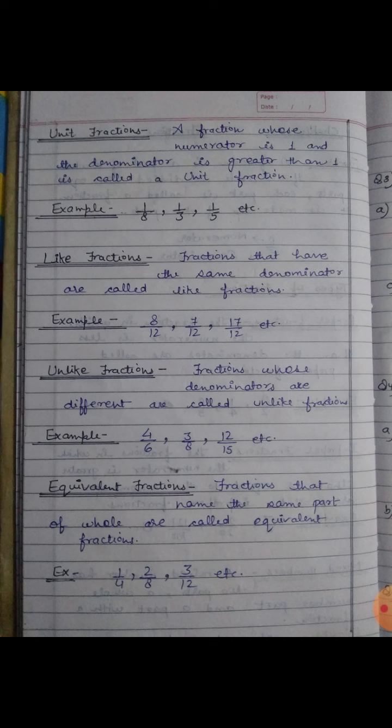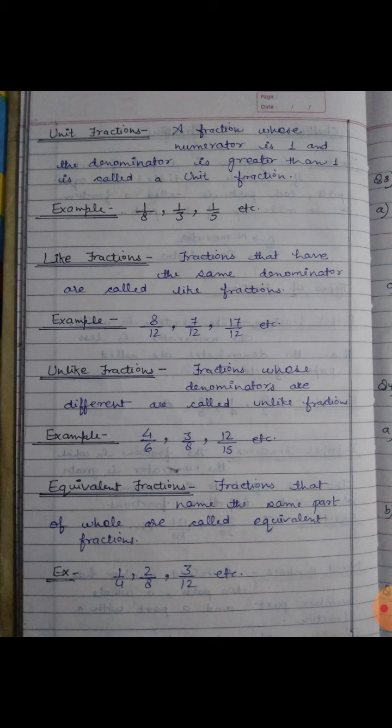For example, 8 by 12, 7 by 12, 17 by 12, etc. In this example you see their denominator is 12. In every fraction the denominator is 12. So if there is the same denominator in fractions, those fractions are called like fractions.